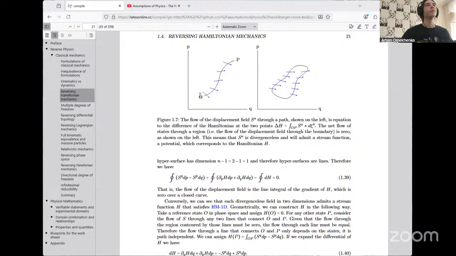The net flow of states through a region, i.e. the flow of the displacement field through the boundary, is 0, as shown on the right. This means that SA is divergenceless and will admit a stream function, a potential which corresponds to the Hamiltonian H. I think that the equation should have been an equivalence.